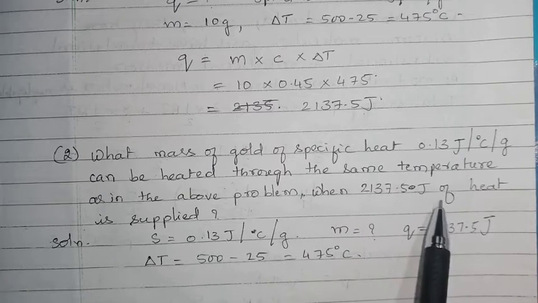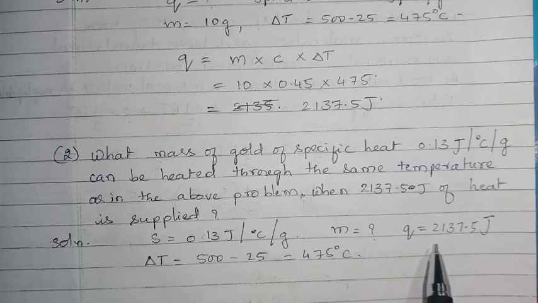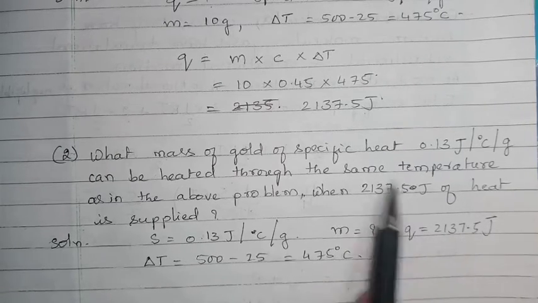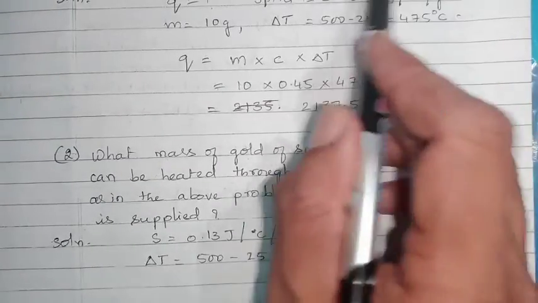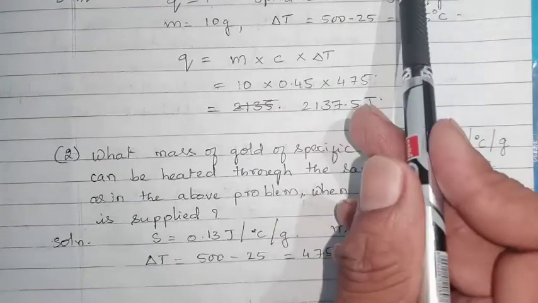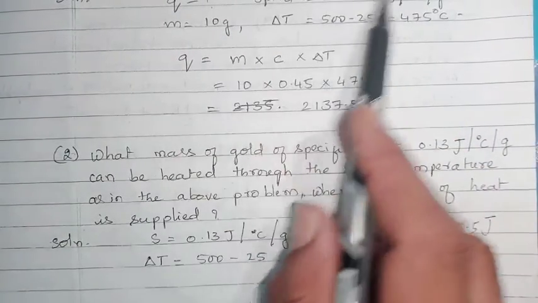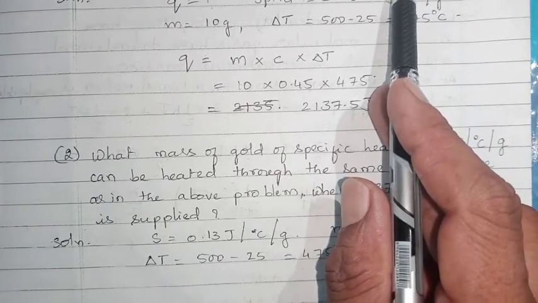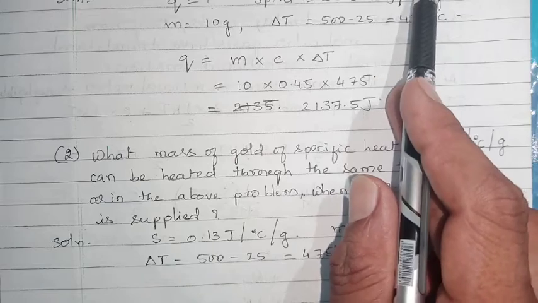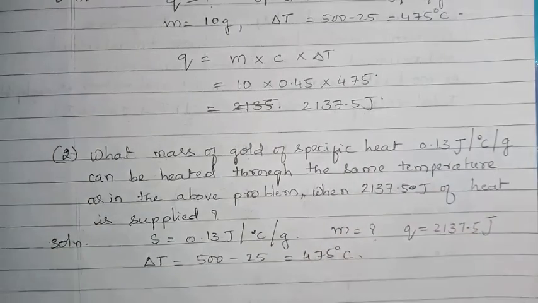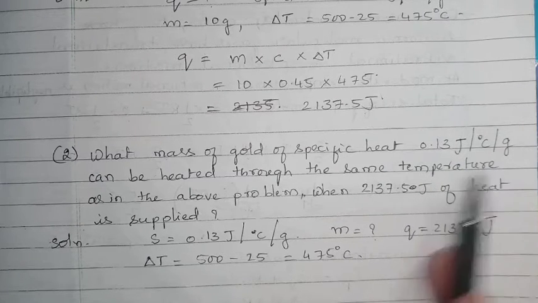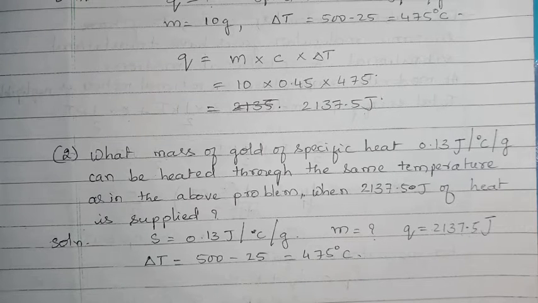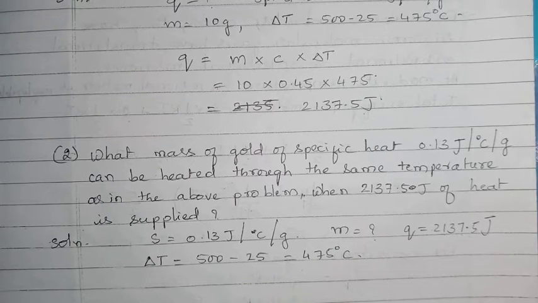As you compare to the first problem, the heat supplied to the system is the same, 2137.5 here also, and the temperature is also the same. Here we had taken iron with specific heat capacity 0.45 joules per degree Celsius per gram, whereas here gold is 0.13 joules per degree Celsius per gram. The specific heat of gold is less compared to the specific heat of iron.